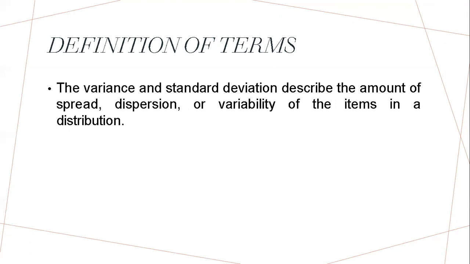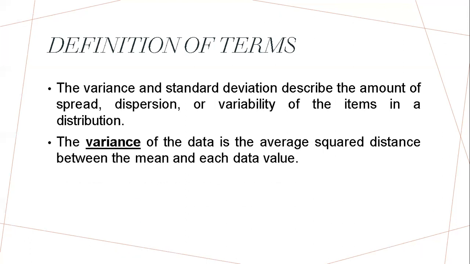So, doon daw ginagamit tong variance and standard deviation in terms of yung spread, yung dispersion, and variability ng ating items. Okay, basically, ginagamit siya sa mga finances, ayan. Then sa graph, pwede rin siyang gamitin para ma-identify kung ano yung spread ng ating items in a distribution. Okay, ano ba yung variance na sinasabi?